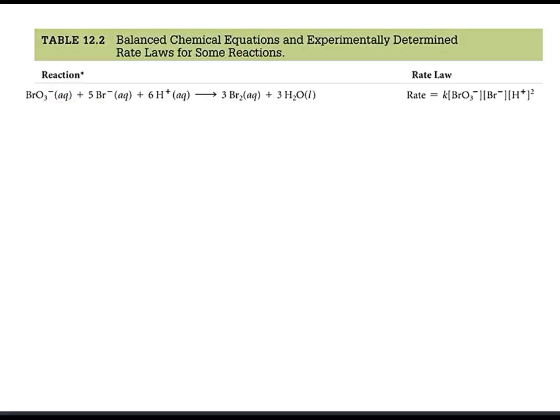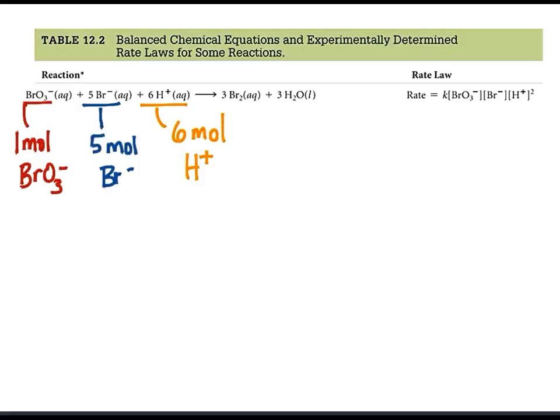The third reaction here, we have bromate ion, 5 moles of bromide, 6 moles of hydrogen ion. But the stoichiometry of this reaction doesn't necessarily have anything to do with the rate law, because you can see the rate law is first order in bromate, right? There's an understood 1 exponent.